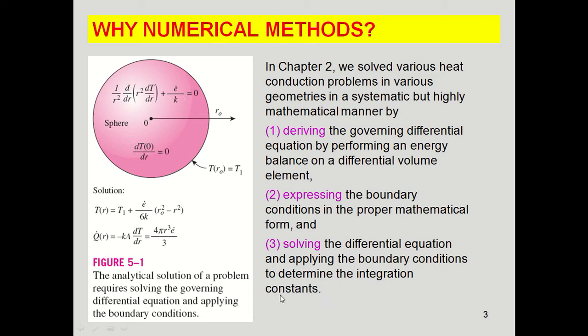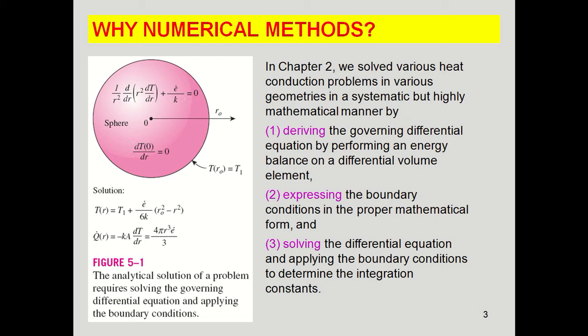When you solve this differential equation and get a simplified form, we apply the boundary conditions, and after applying them we get some integrating constants, and we find the values of these constants. Then substituting these values into the equation, we get the actual solution for this problem.